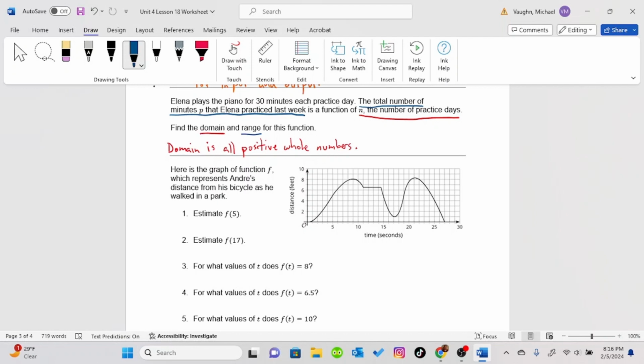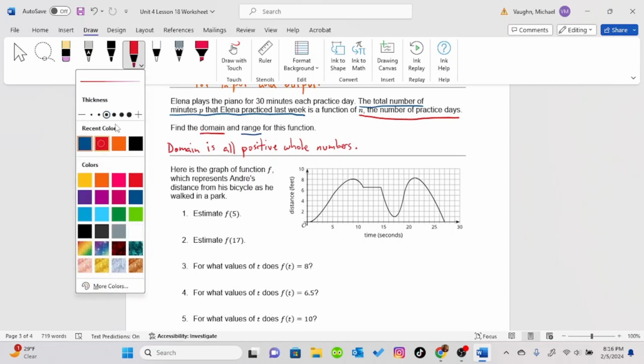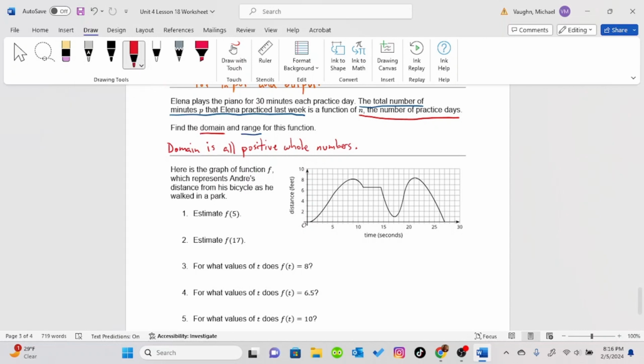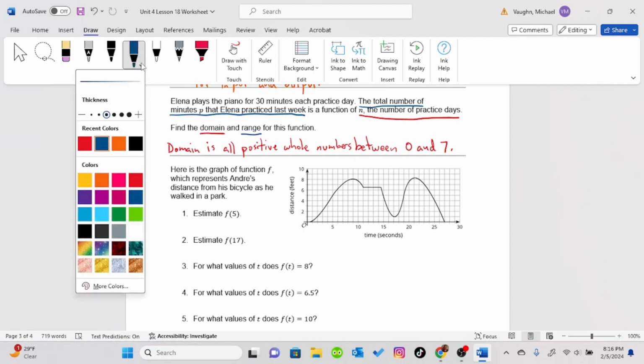So now we know that this is only talking about 1 week. So the domain is all positive whole numbers between 0 and 7, since it's limited to 1 week.